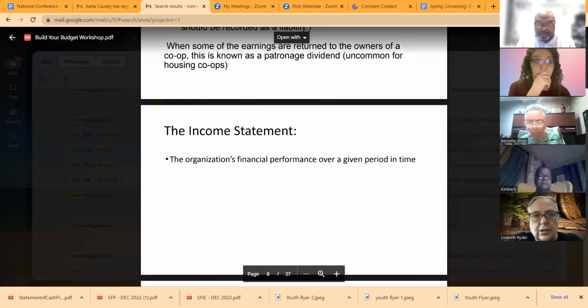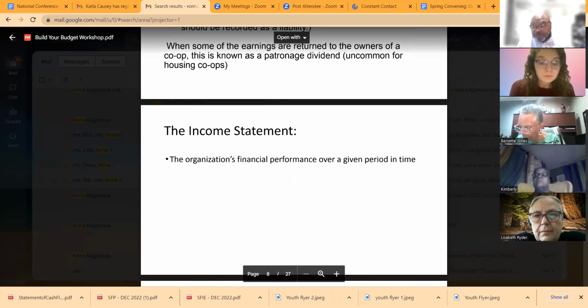Well, and there are tax considerations for that stuff, so you have to consider that too. Yeah, because you will be liable to pay taxes on your patronage as well, because for the individual member, it'll be looked at as revenue.